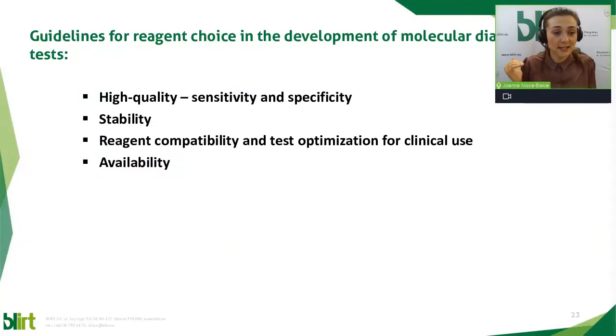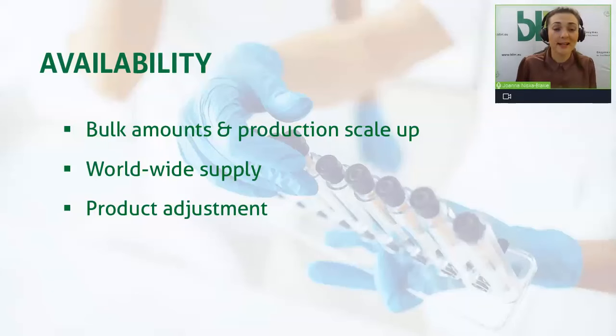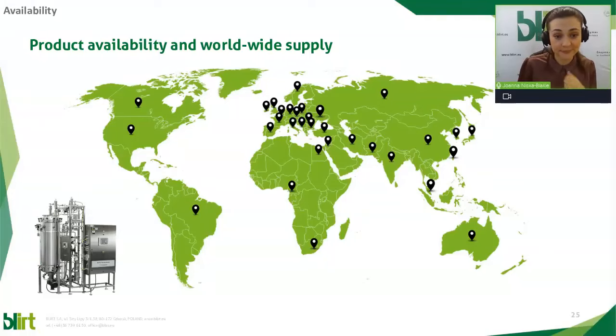And the last group of features that I wanted to present to you today is availability. Availability of the product and the production, the size of the production, the worldwide supply, and the product adjustment.